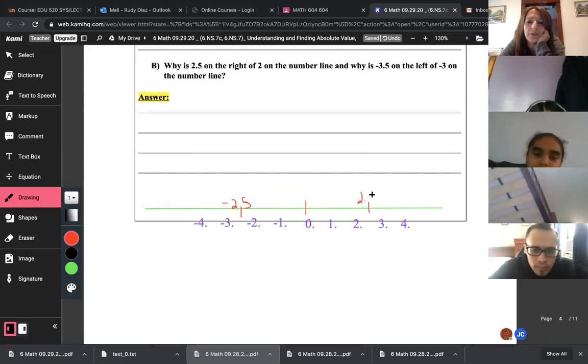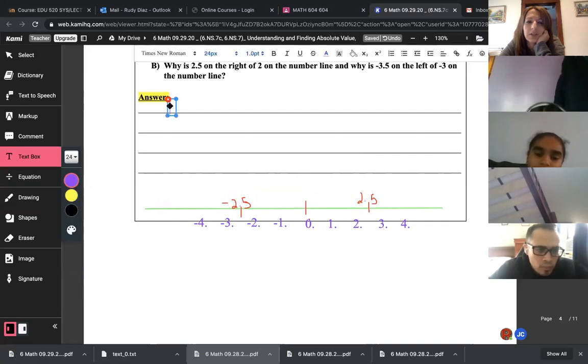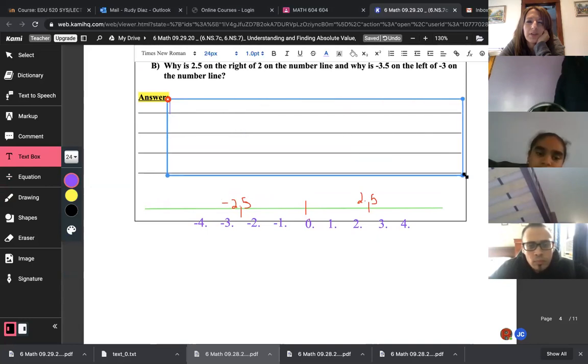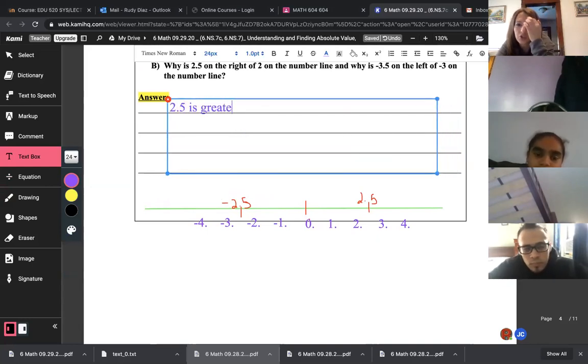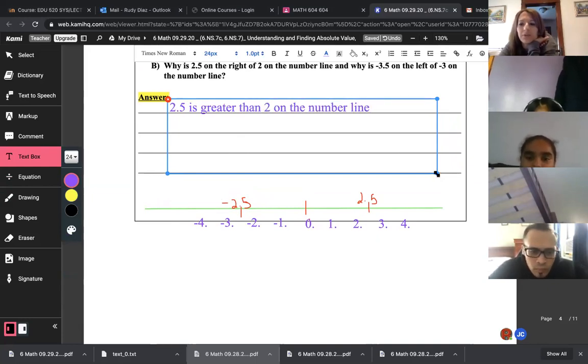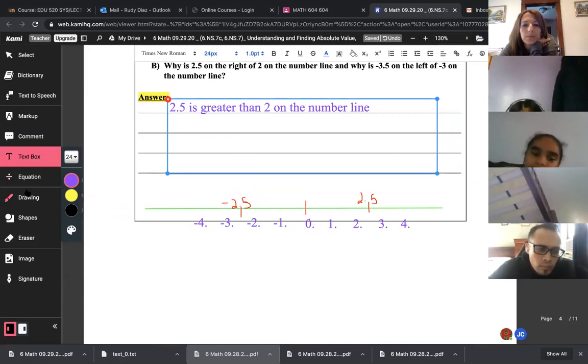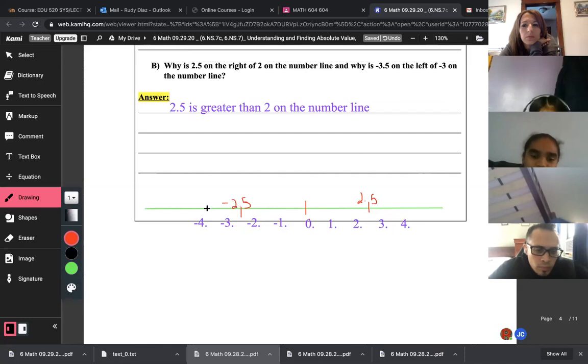Oh, sorry, I'm going to let Mr. R finish, hold on. Okay, now he's getting up to the text. 2.5 is greater than 2 on the number line. Now, the next question is, why is negative 3.5 on the left of negative 3? Because it's greater than 3.